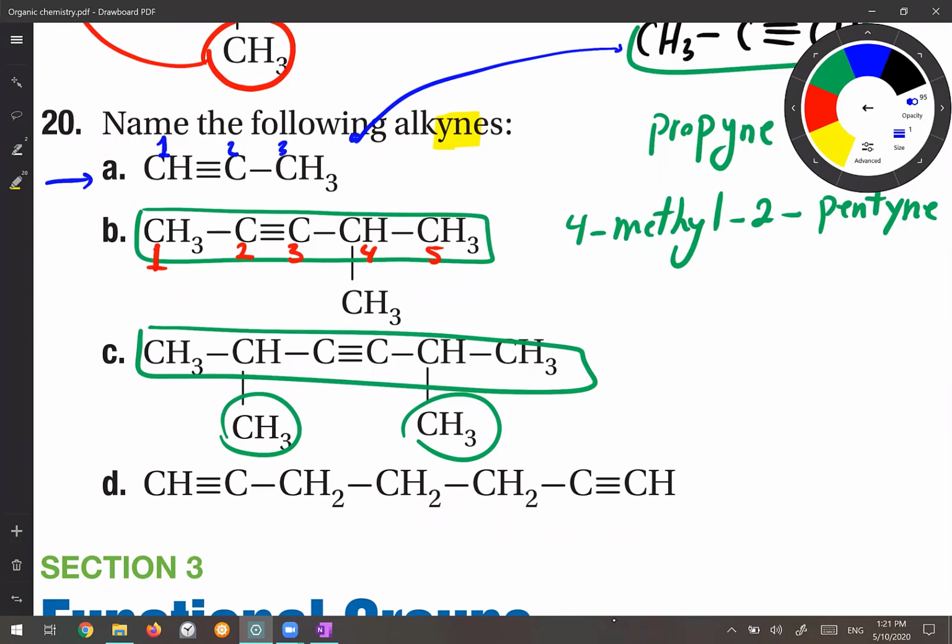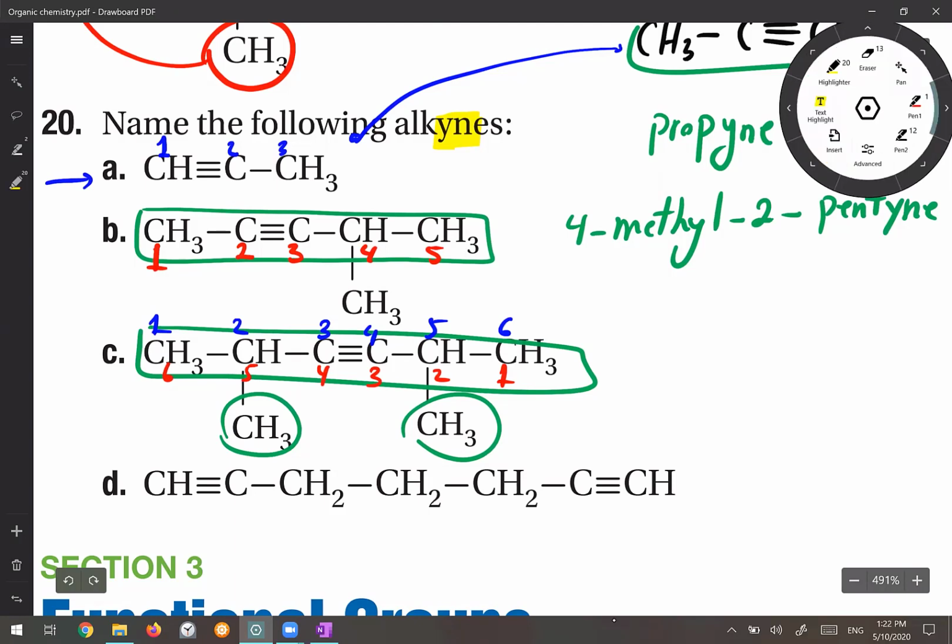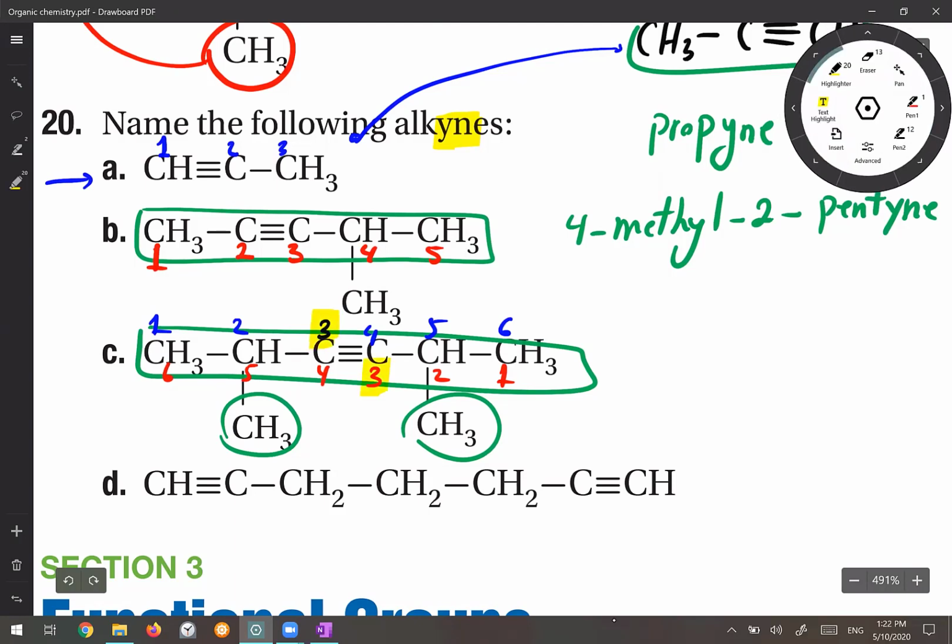So from both sides, it receives number 3. This is carbon number 1, 2, 3, 4, 5, 6. If you number it from the right side, this is carbon number 1, 2, 3, 4, 5, 6. So you can see from both sides, the triple bond is on the 3rd position.